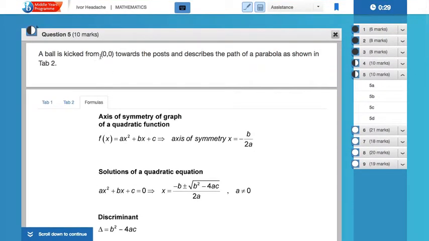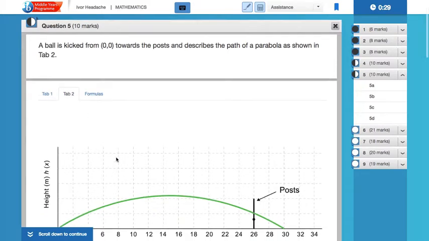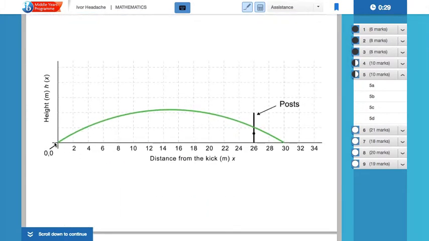So let's just go back to the first bit of the question. The ball is kicked from 0, 0 towards the post and describes the path of a parabola as shown in tab 2. So this is where you might well miss the key information, that it's all about the diagram on tab 2, where the ball starts at 0, 0 and then goes through the air over the crossbar on the post, so it scores, and then it lands 30 units away.